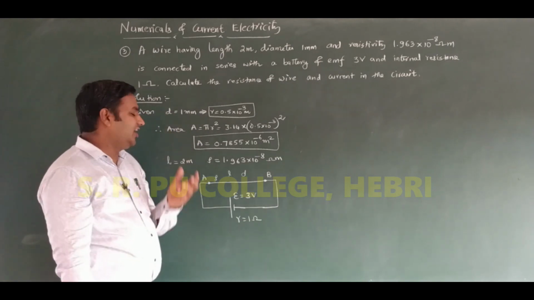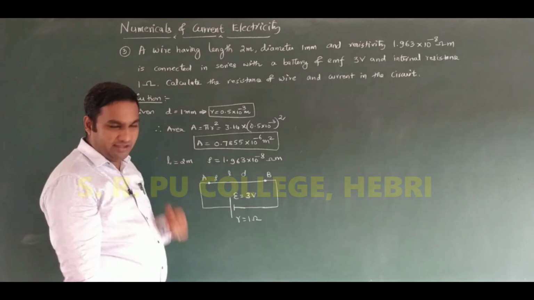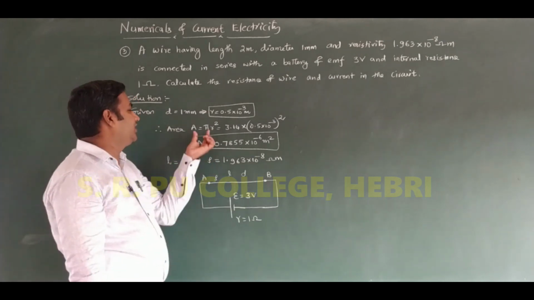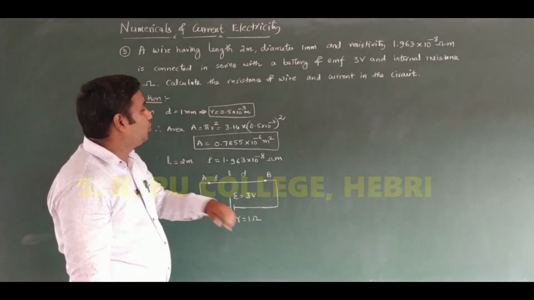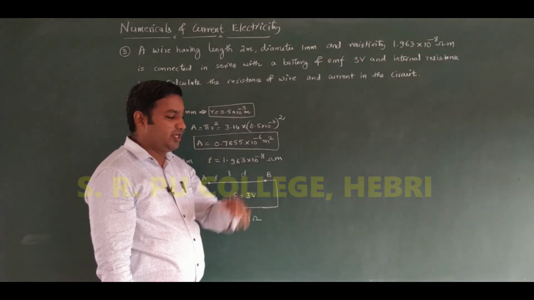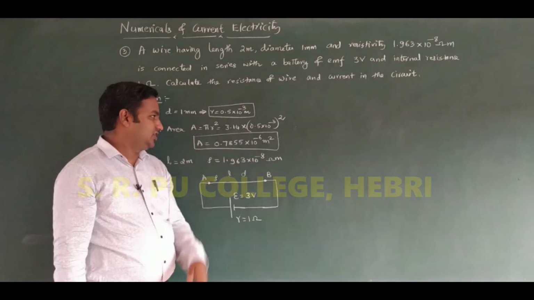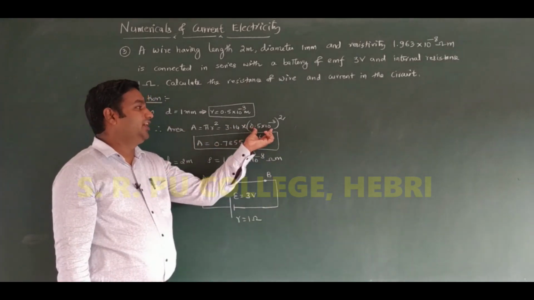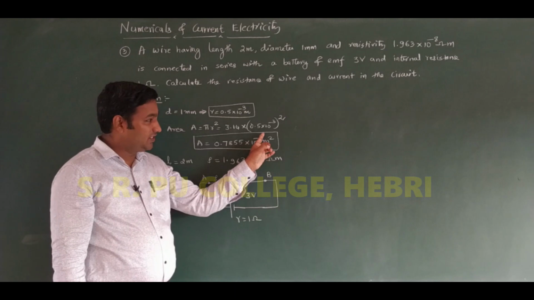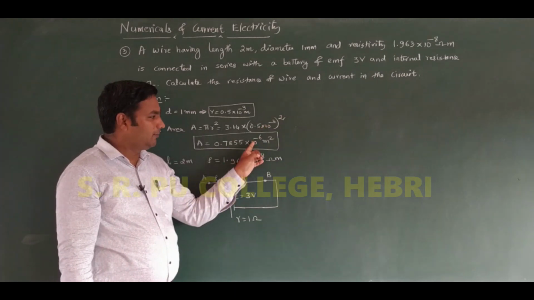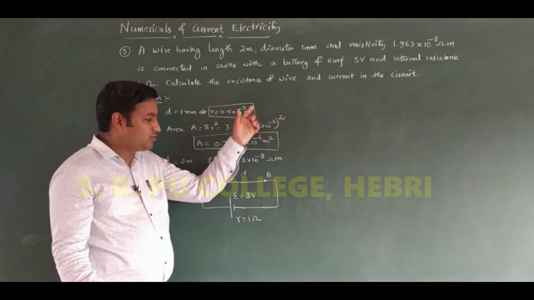Once you have the radius, you have to find out the area of cross section of the given wire. Area of cross section of a given wire is pi r square. Pi is 3.14 into r, which is 0.5 into 10 raised to minus 3, whole square. On simplification, 10 power minus 3 whole square becomes 10 power minus 6. 0.5 you can write as 1 by 2, square becomes 1 by 4.